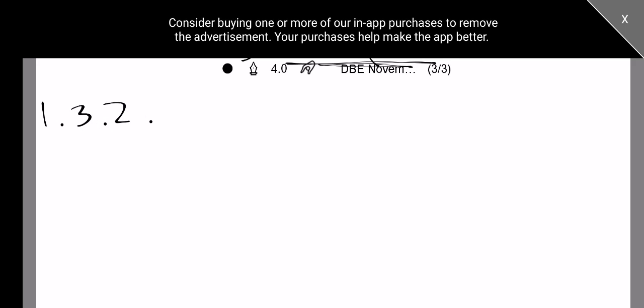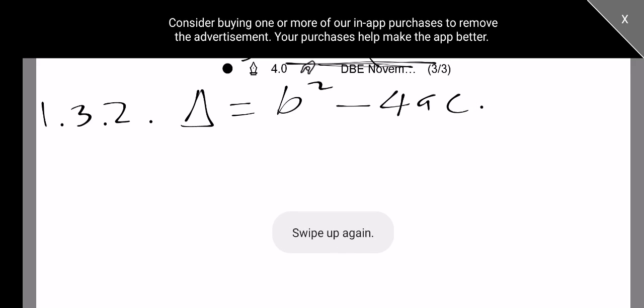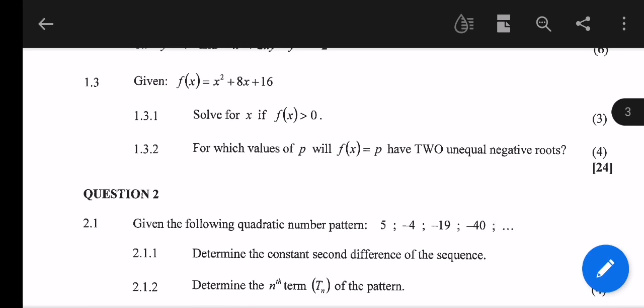Now remember, with nature of roots, that is where we're gonna work with the delta, that expression under the square root sign in the quadratic formula, which is b squared minus 4ac. Remember what the question said. It said, for which values of p will f of x equals p have 2 unequal negative roots?